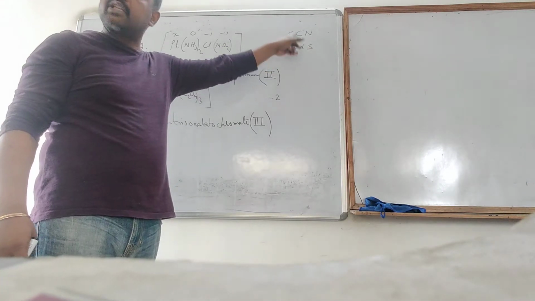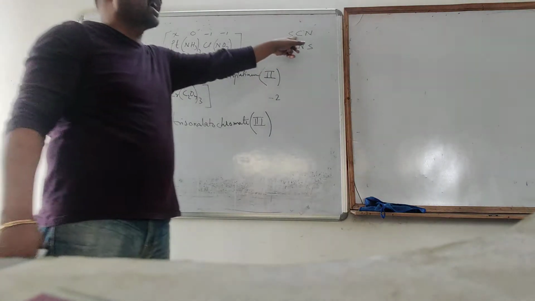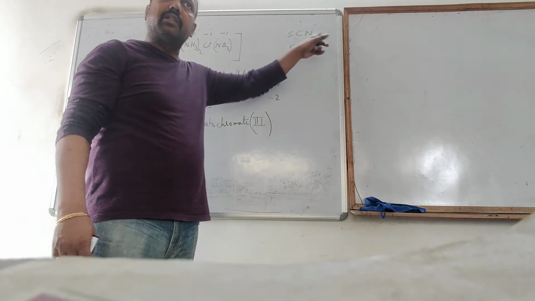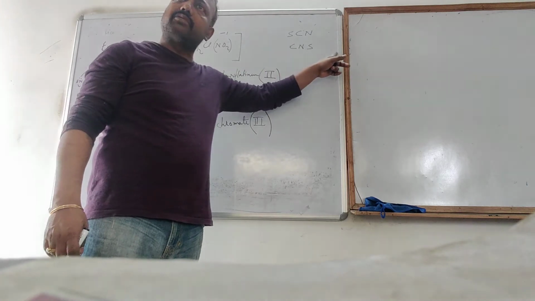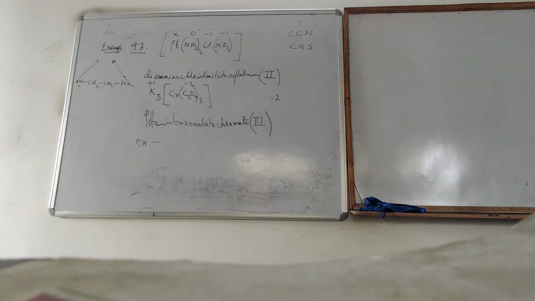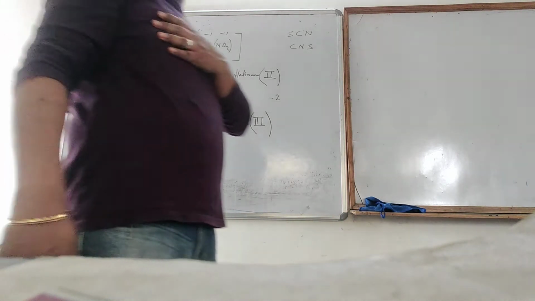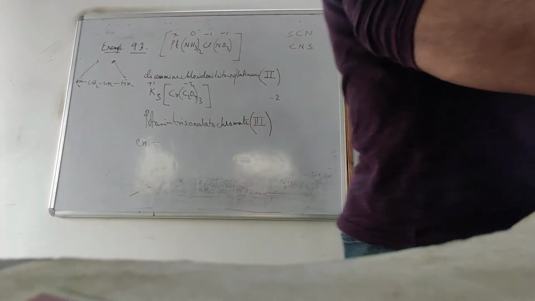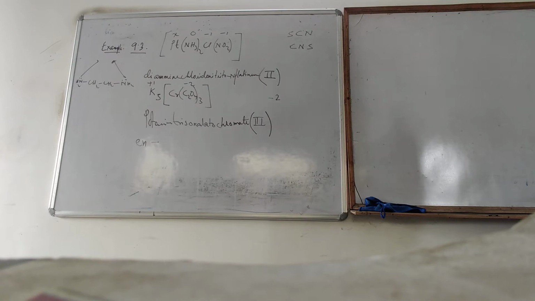This is called thiocyanide and this is called isothiocyanide. Monodentate, -1.